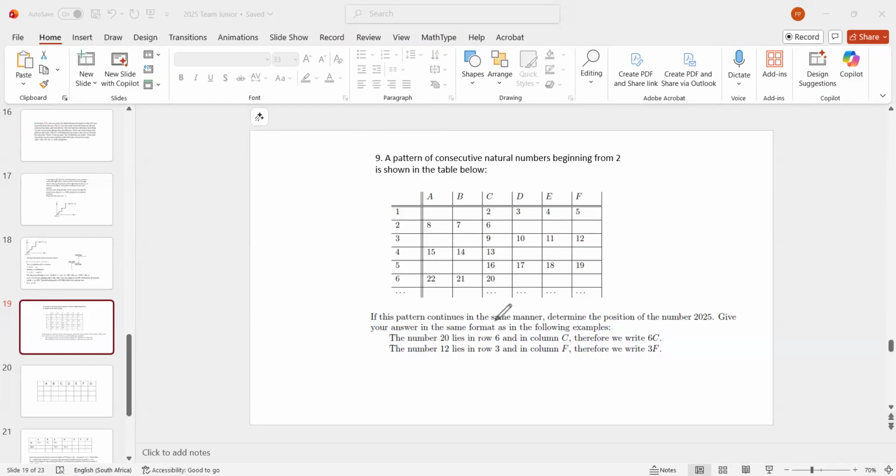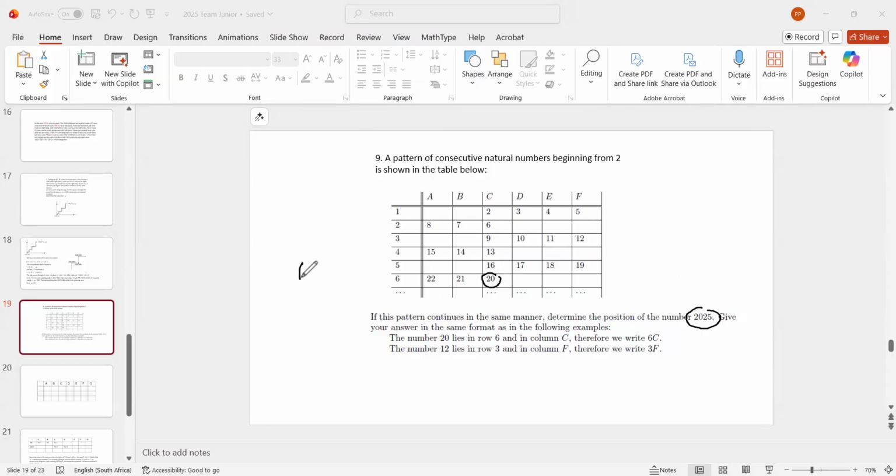And in this table, now the question is, where is the number 2025? It's going to be somewhere here, and you want to know what is its location. And what they are saying here is that if I take this number here, for instance, I will say its location is the 6th row.